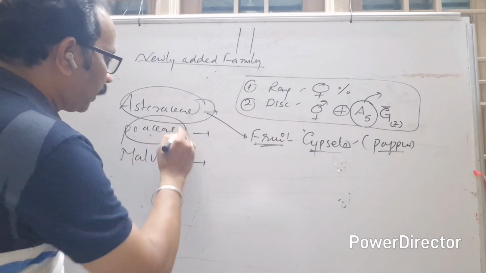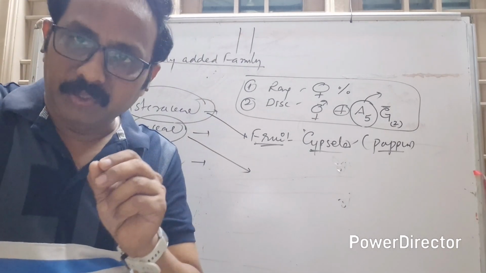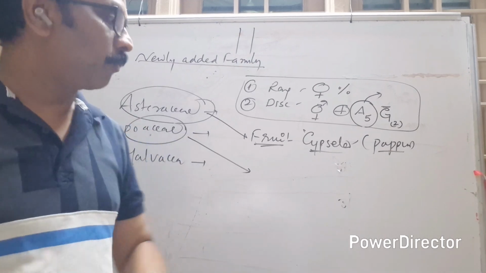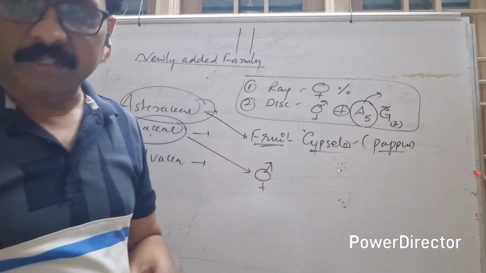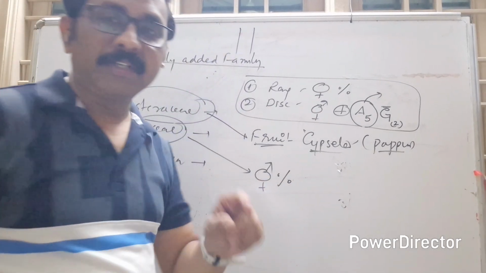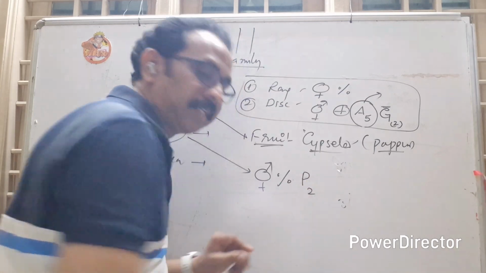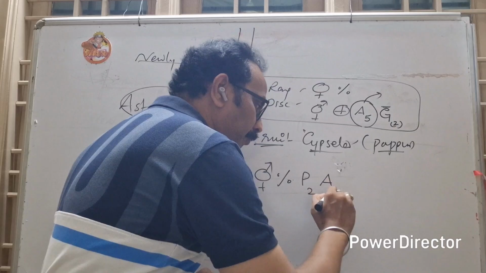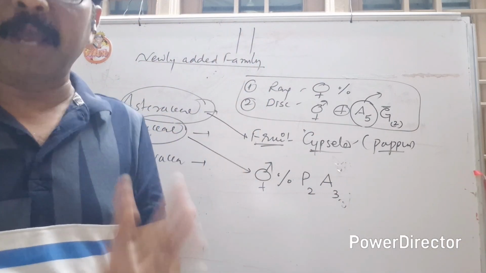Now Poaceae, which is also newly added. It is a monocotyledon with bisexual, zygomorphic flowers. It does not have calyx and corolla; only the perianth is present, formed as two lodicules. In the androecium, 3 stamens are present, and some have 6, like bamboo.